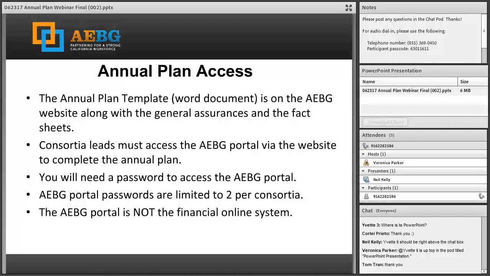The portal is limited to 2 access points per consortia, so only two people have access to the portal. And just to clarify, the AEBG portal is not the separate financial system database, which is referred to as the Career Technical Education office system.